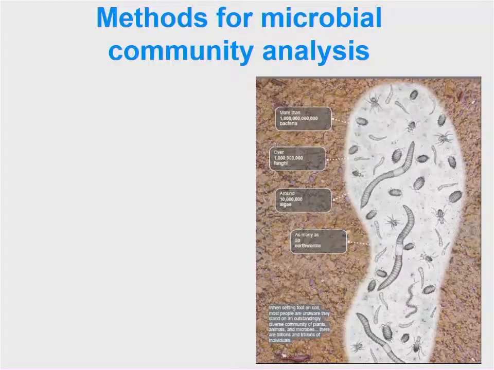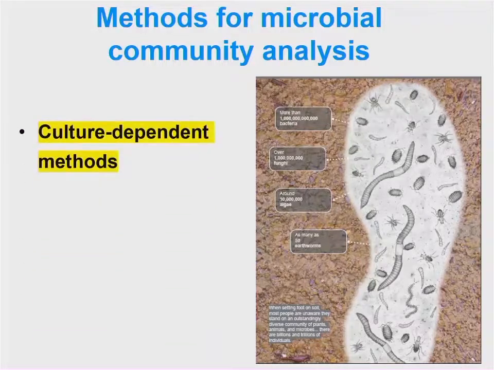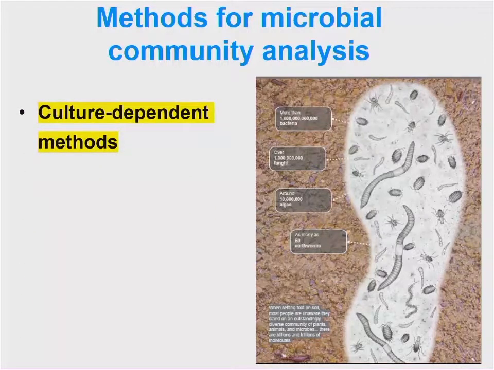So this is just beneath our feet. There are so many organisms, but what method can we use to study those so diverse organisms in the soil ecosystem? Certainly, there are culture-dependent methods. We can culture those microbes in the soil.